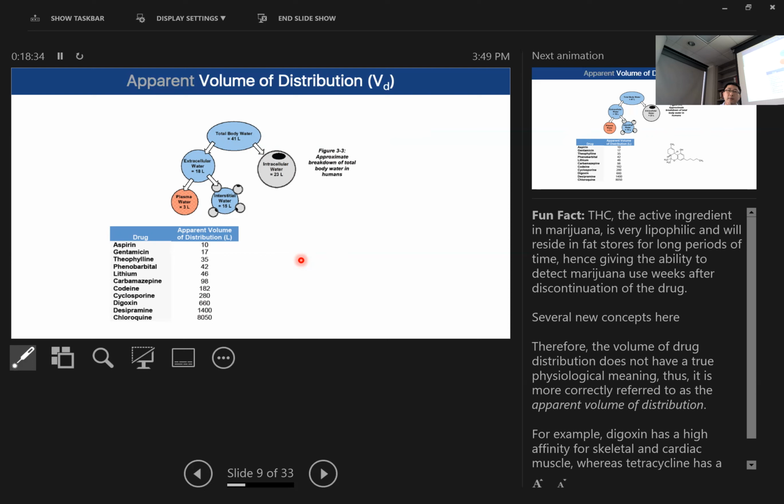So understanding the physical meaning of volume distribution is important. For most intracellular targets, you probably want a large volume distribution. But for targets in your blood vessel, you probably want a small volume distribution.